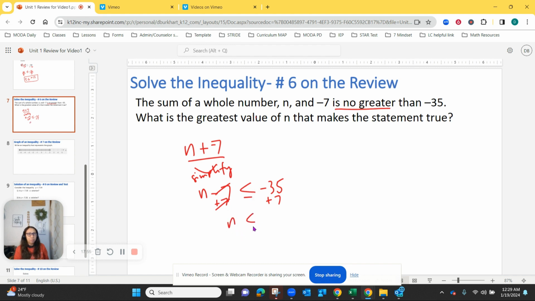Copy the symbol, less than or equal to, and then we're taking negative 35 plus 7, that is negative 28. All right, so that's our solution of the inequality. The greatest value of n that makes the statement true is any whole number less than or equal to negative 28.